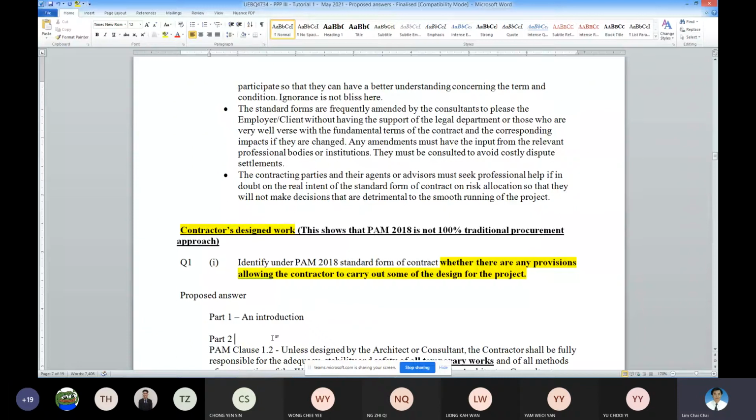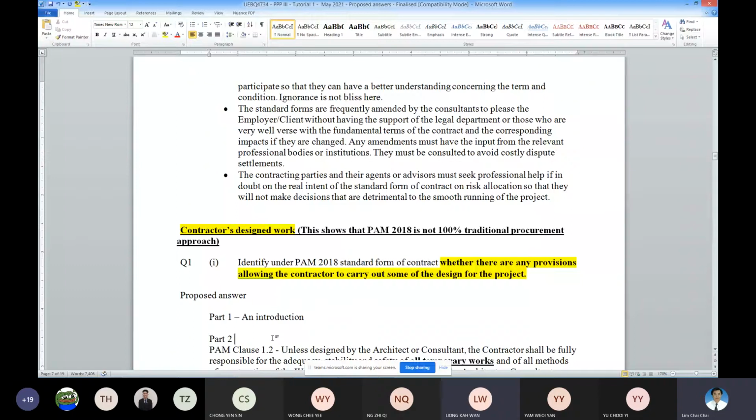So under PEM clause 1.2, let me show you. Under the conditions of contract, beside clause 1.1.2 and so on, under 1.2 here, it deals with temporary works.